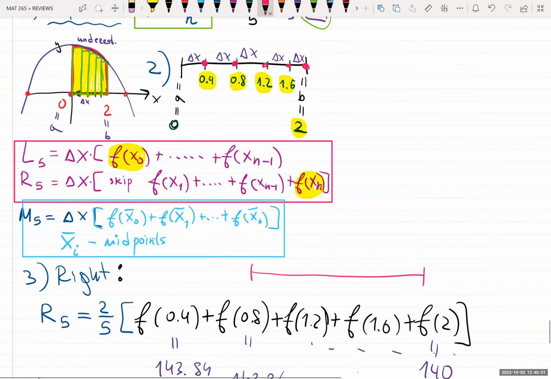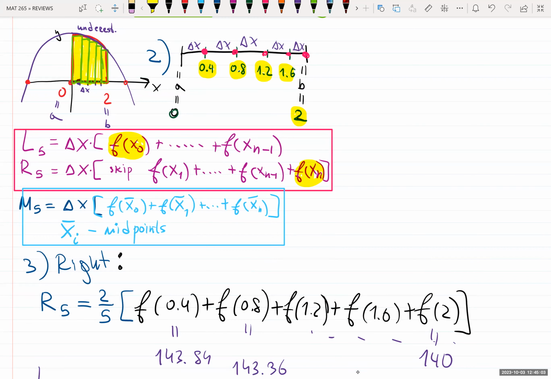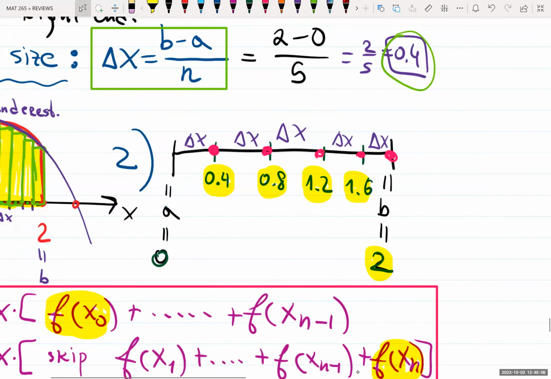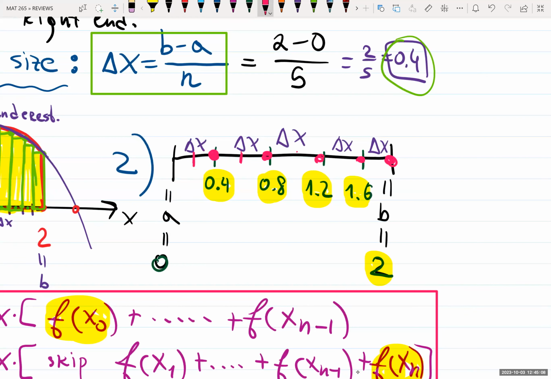I go back and calculate the halves for the midpoint. Actually, you just need the first one, that's 0.2, and then the step size must be the same, so you add 0.4. That's 0.6. 0.6 plus 0.4 is 1, and it's exactly between 0.8 and 1.2.